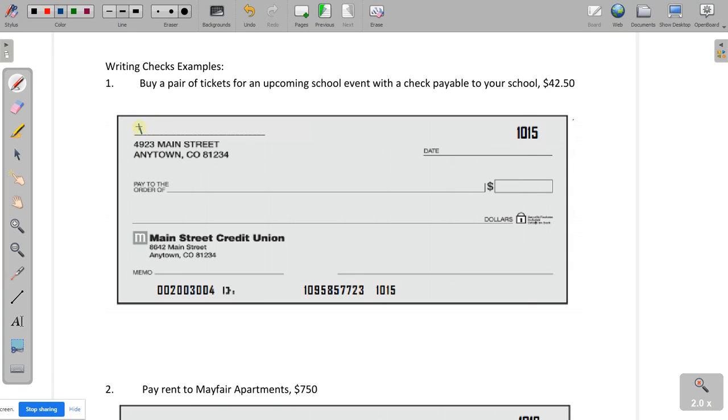Since it has a blank here, we're just going to go on and write in our name. But this would be already printed on your check. Then today's date. And we are writing the check to our school, so go on and write our school.